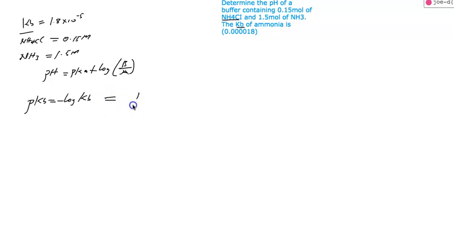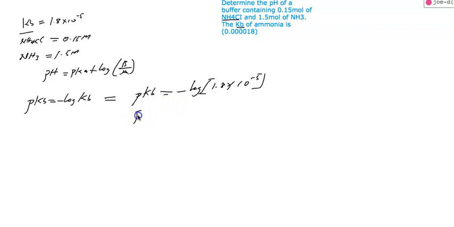Our pKb will be negative log of our Kb, which is 1.8 times 10 raised to the power minus 5. All right, great. Now when we do that, our pKb will be 4.